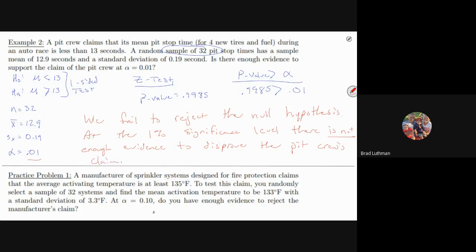So essentially, and this is a very picky point for statisticians, and I see why you guys won't necessarily appreciate it, we're failing to reject it. We're not saying that the pit crew is true. All we're saying is that our sample is not mathematical proof to disprove it. We can't lean upon this and say, I got something that says otherwise. With the sample we have chosen, we can't disprove your claim.